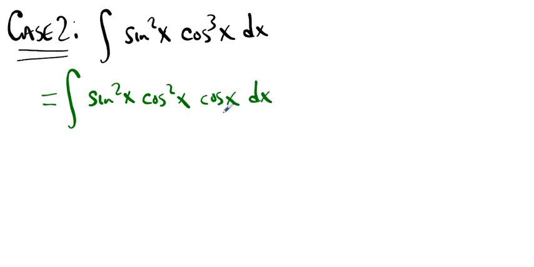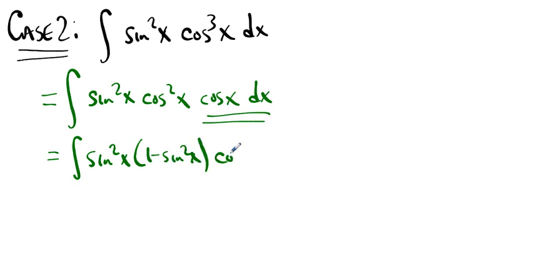And I'm pretty sure you know why that is sitting there. That is sitting there because I need this to be the du where u is sine x. This is not in terms of sine x, but it could be.